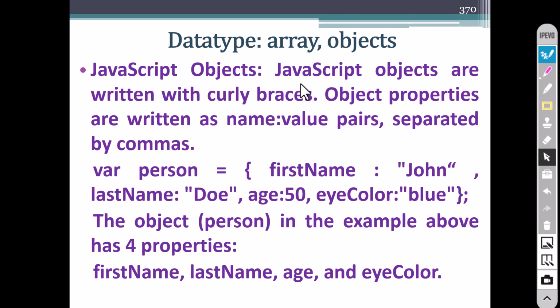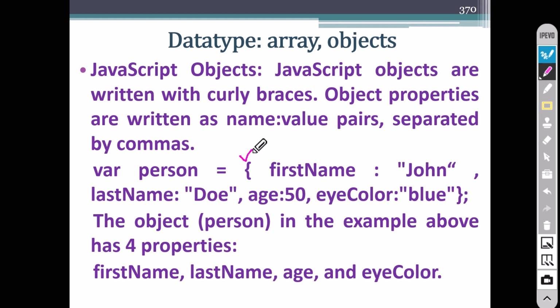JavaScript objects are written with curly braces. So it's a starting curly brace and an ending curly brace, and we have name and value pairs, with a colon in between them. So we have a string, and last name is also a string. Now you have age, which is a number, so you can have different data type values.